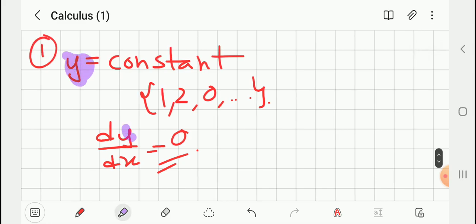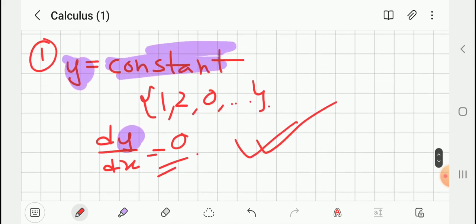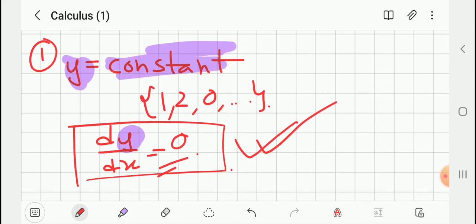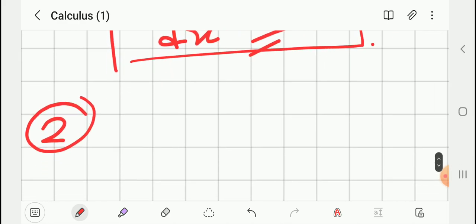If y is a constant, then dy by dx is always 0. Note this down. This is a very important formula. It is the first formula. Next we come to another formula.